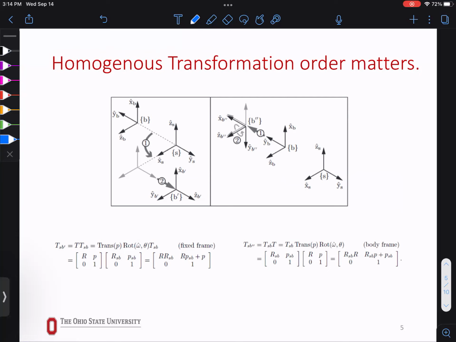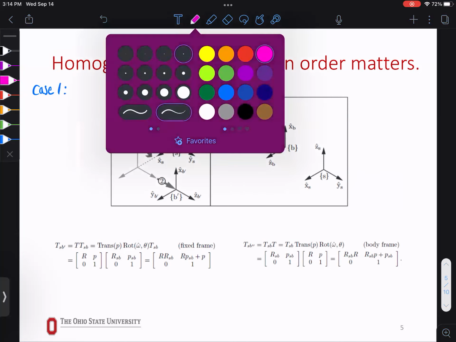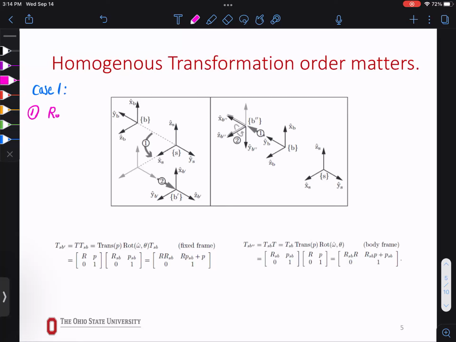So case 1 here, I'm going to call this case 1. We are going to have first a rotation, second translation, about a fixed frame.